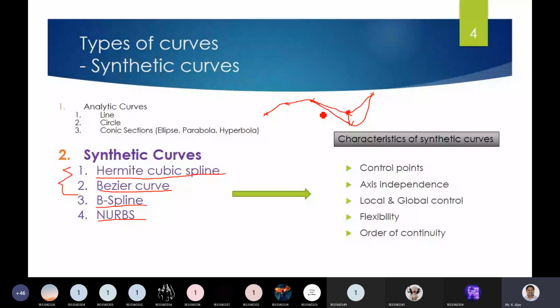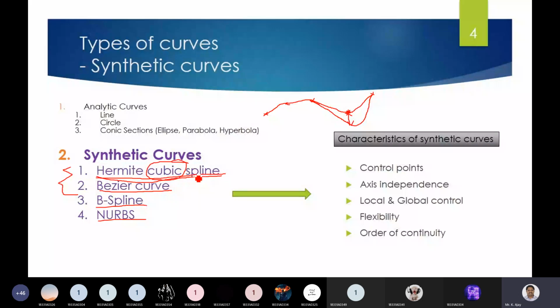But there are different forms of splines also, out of which the Hermite cubic spline is one of the very useful and famous curves. Why? Because of its own advantages. The name itself says cubic, right?